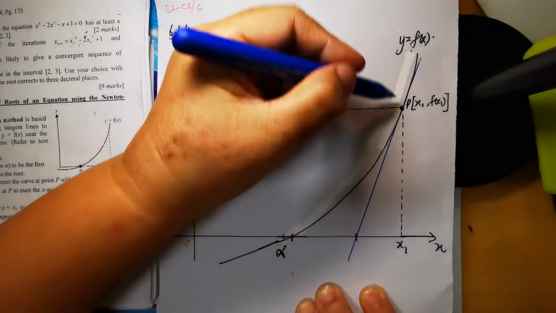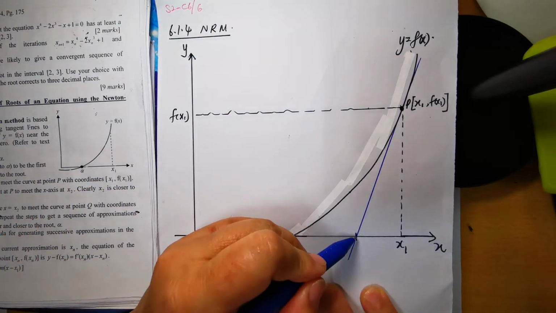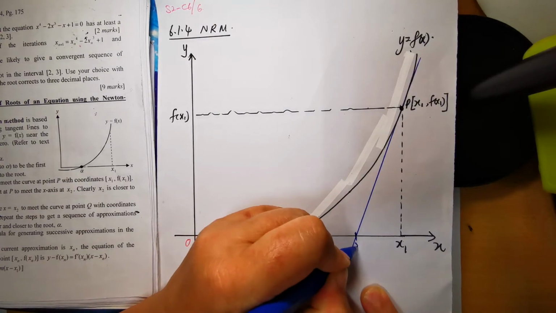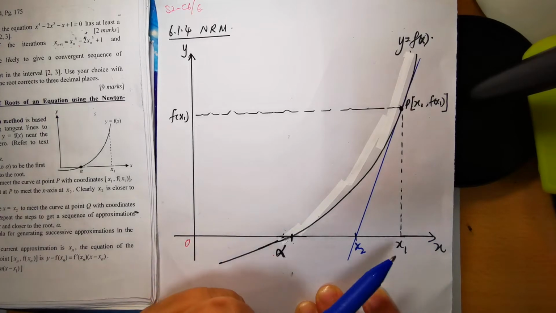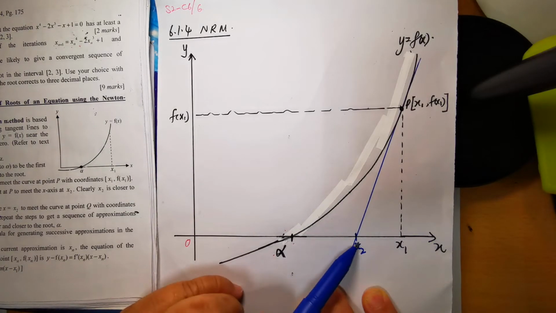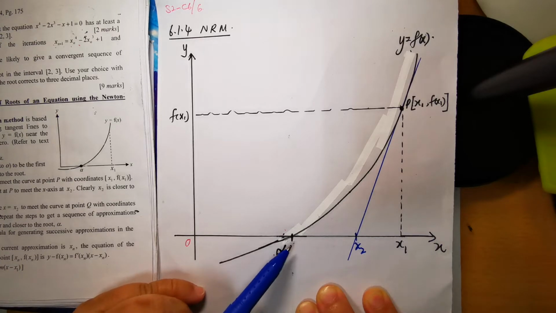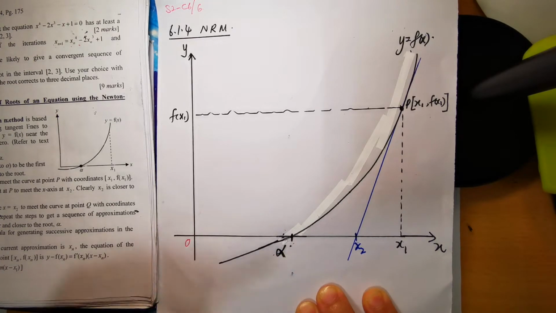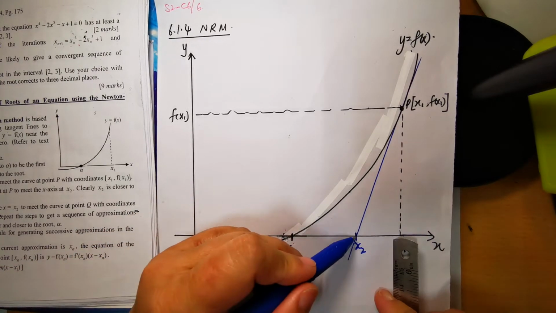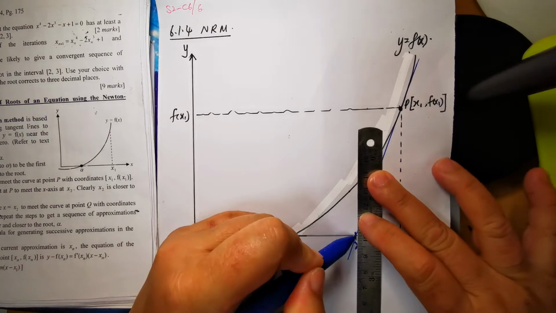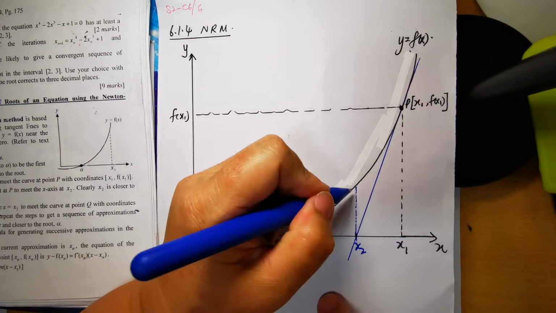You see, this is the tangent at point P, and it meets the x-axis at this point, which we name x2. You can see that x2 is closer to the actual root. This is what we do by using the tangent. Since we already got our x2, we draw a line x equals x2 and meet the curve again.